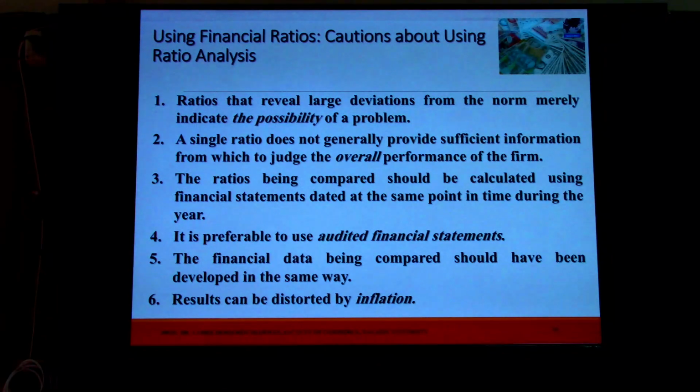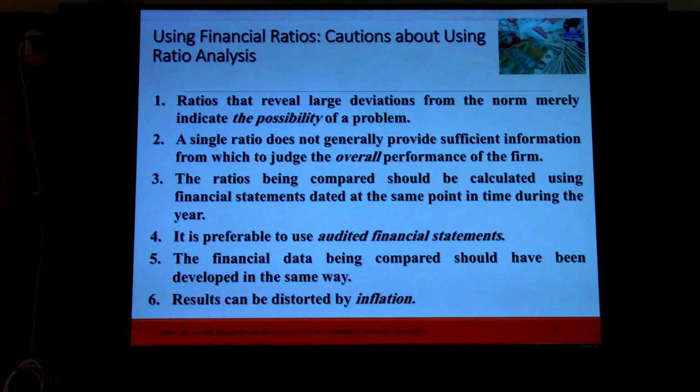After we finish this part, now you understand what the meaning of the financial ratio is, and what the cautions about using a financial ratio are. You now understand different approaches for a comparison based on financial ratios.